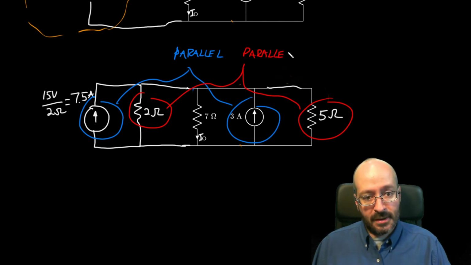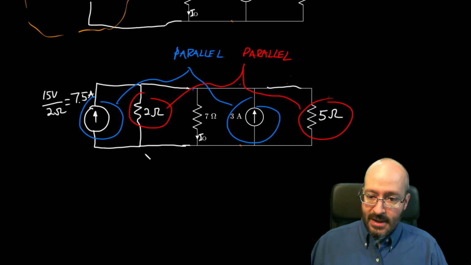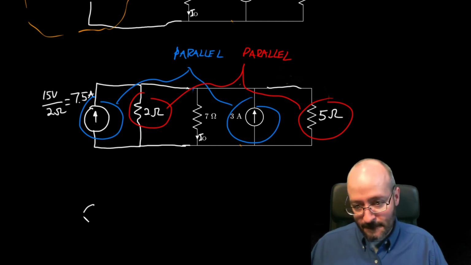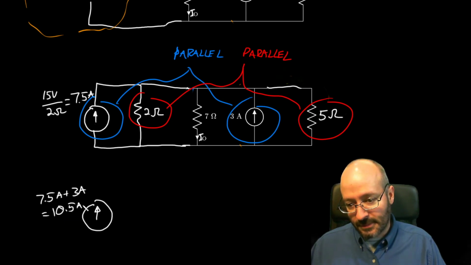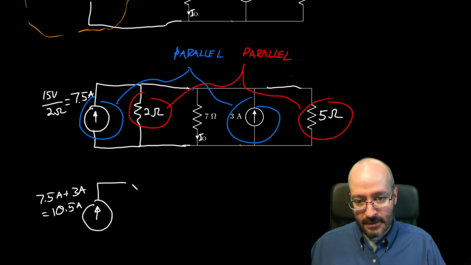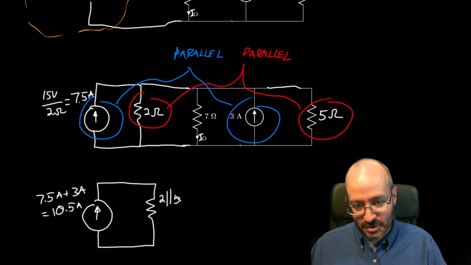Okay, so I'm going to make that combination, and I'm going to make that combination in the next circuit. Both of the current supplies are pointing up, so this is going to be 7.5 amps plus 3 amps equals 10.5 amps. Okay.